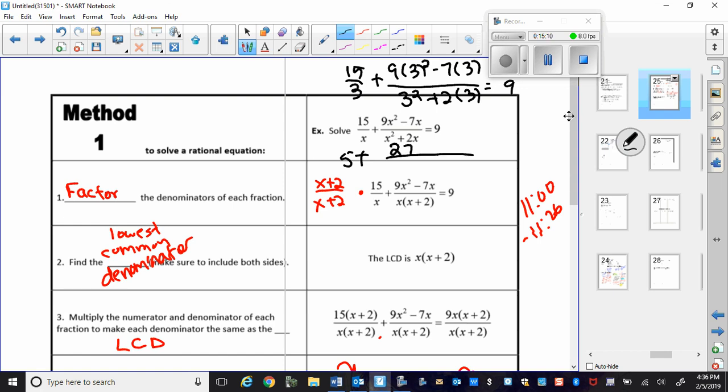Sorry, that's incorrect. 81. 9 times 3 squared is 81. Minus 21 over 9 plus 6. This equals 5 plus 60 over 15, or 5 plus 4 equals 9. So this does equal 9, so the solution is appropriate.